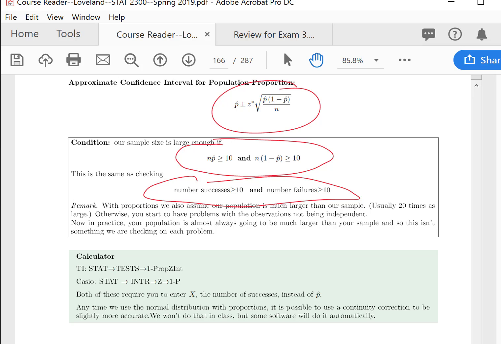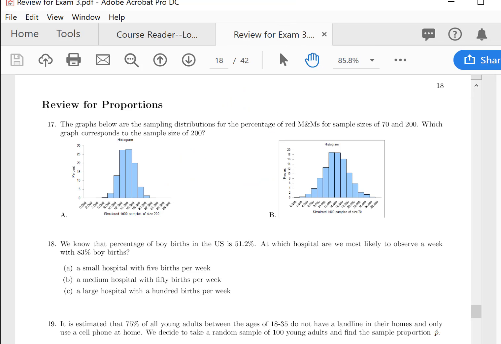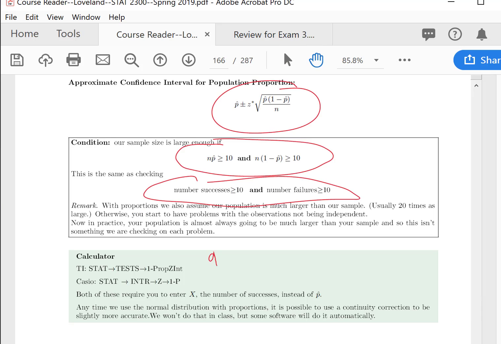That's going to have you enter x, the number of successes, instead of p hat. Make sure you put in the 95% or 0.95.